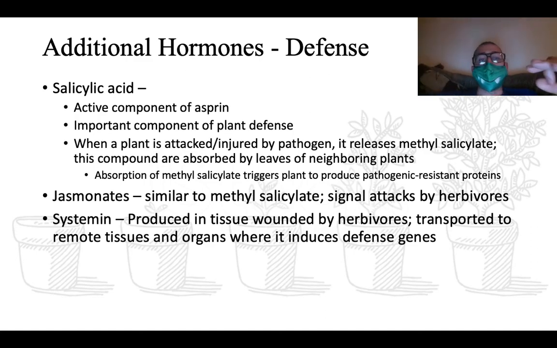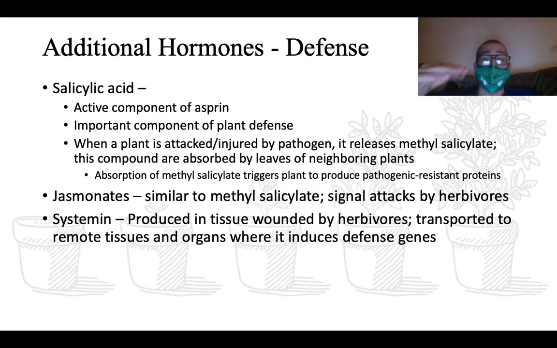And now this compound is absorbed by the leaves of neighboring plants. That absorption triggers those plants to produce pathogen-resistance proteins. So it's a signaling hormone, and it actually signals neighboring plants that there is a pathogen attacking and they need to start producing defense against that pathogen. It's really cool.